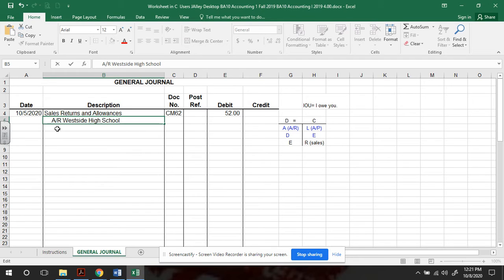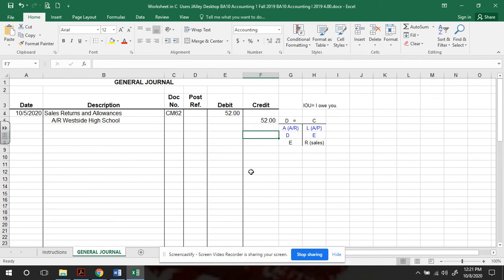It's an accounts receivable. We're waiting to get this money. But instead of bringing us money this time, they brought us the merchandise that they wanted to return. Keep in mind right here, accounts receivables are assets. So when they increase, it's on the debit side. In this case, they're decreasing. So we had to put it on the credit. Notice that my debits equal my credits.